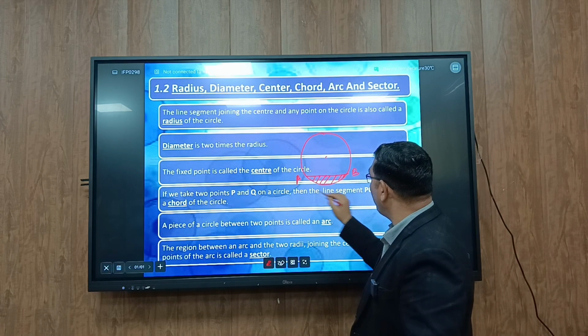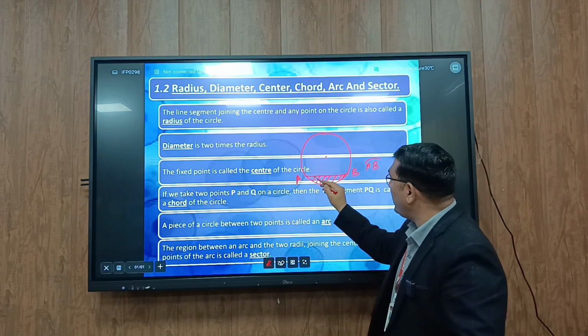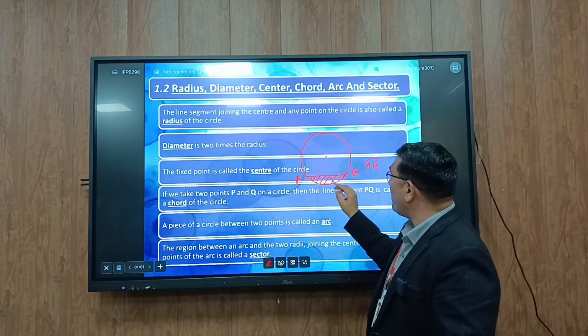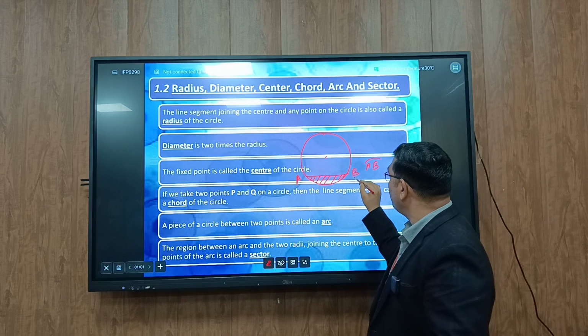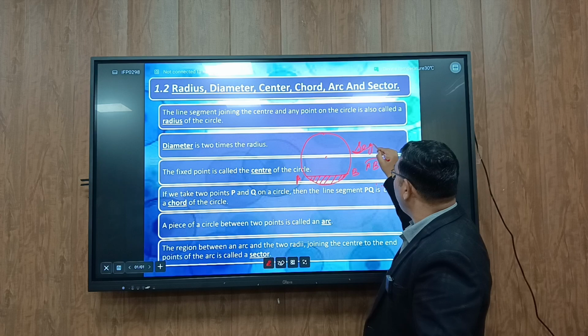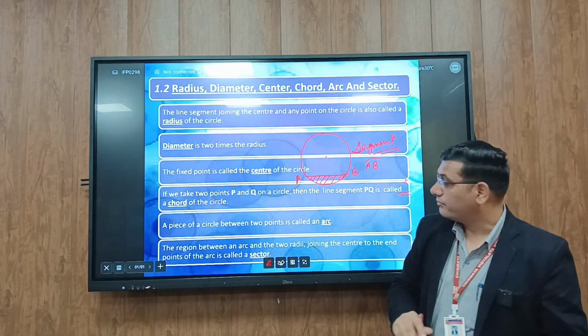AB is a chord, and you can say that AB also gives an arc. So the area bounded by an arc and a chord is known as a segment.